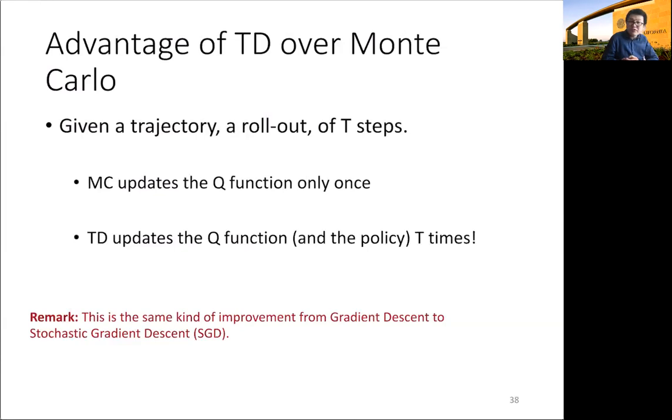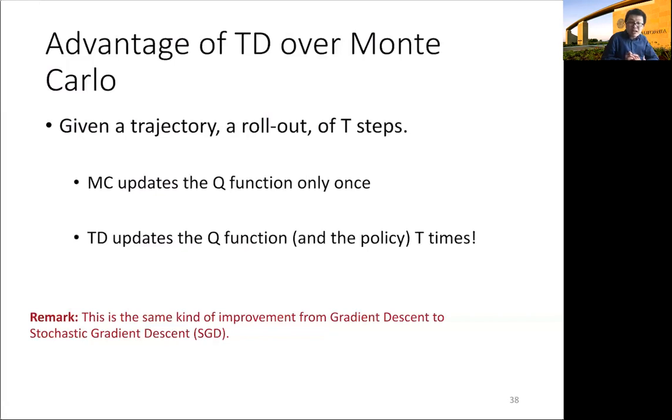But based on how the algorithms work mechanically, temporal difference learning has the advantage that it keeps updating your Q function many times throughout the rollout of an algorithm. Monte Carlo, within one single trajectory, will only update the Q function once. On the other hand, temporal difference learning will update the Q function every time you receive an immediate reward.